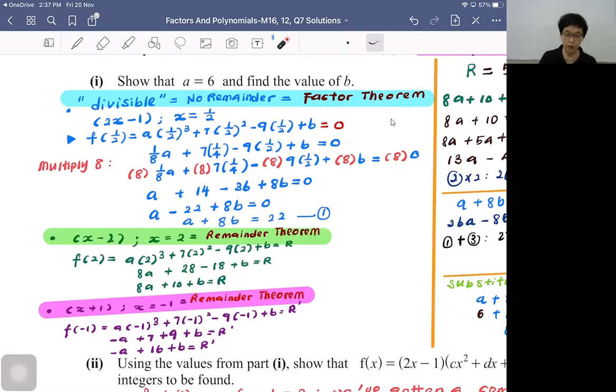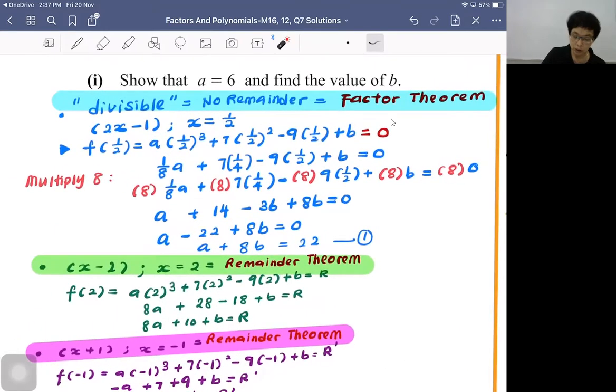First and foremost, you just assume that this divisor equals 0, and you draw out the x value. You will notice that it's going to be the opposite sign all the time. See, here x is minus, so you're going to get positive; here is positive, then you're going to get negative. The x value is always obtained by taking the divisor and equating it to 0, and that's how we get x equals 1 over 2.